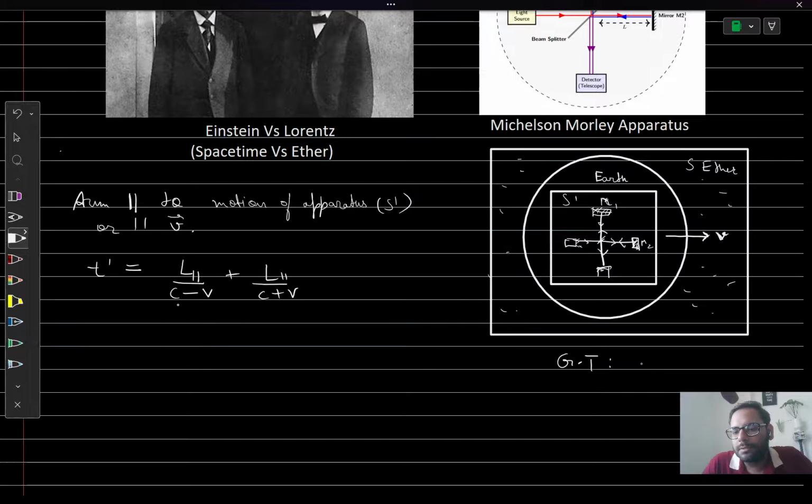This is the velocity of the S prime frame. This is the velocity of an object as observed from the S frame, and this is the velocity of an object observed from the S prime frame.